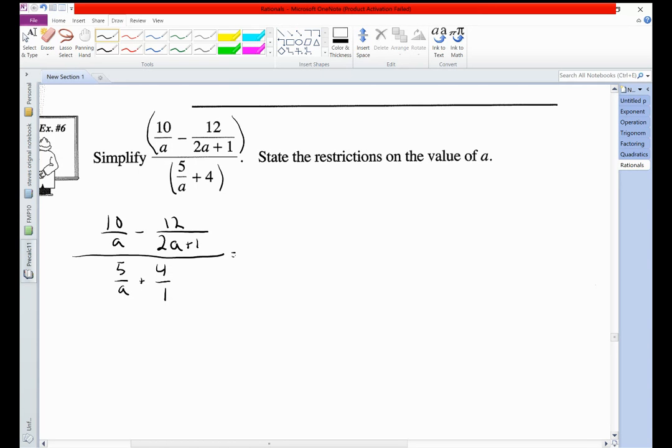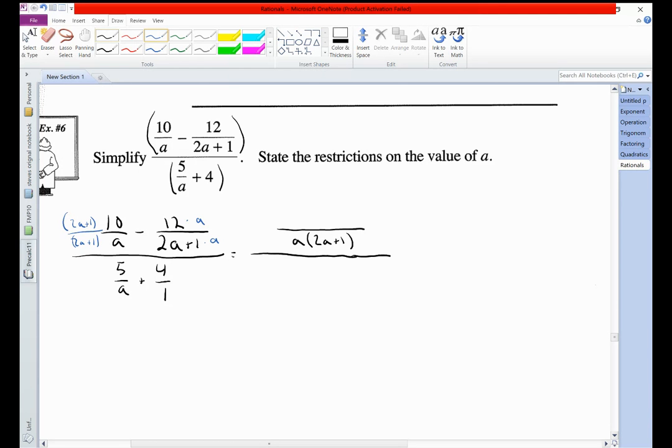We want to write these with common denominators. So I know that in the top, we're going to be writing it a multiplied by 2a plus 1. That'll be our common denominator. So that means what we've done is we've multiplied this side by a and this side by 2a plus 1 over 2a plus 1.